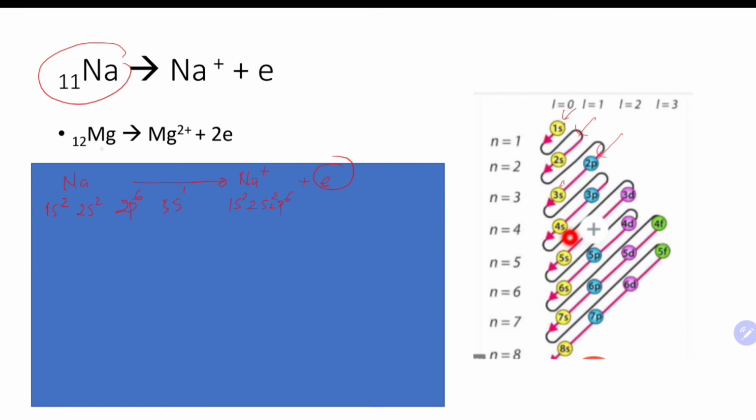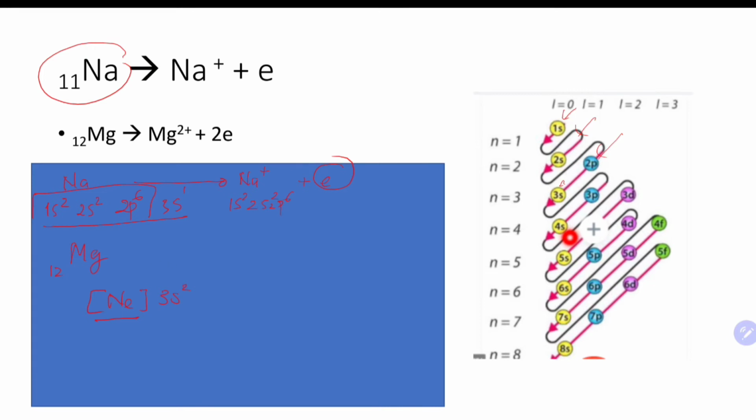Then for magnesium, number 12, the same as sodium, but the last is 3s2. I wrote the 1s2, 2s2, 2p6 as neon.